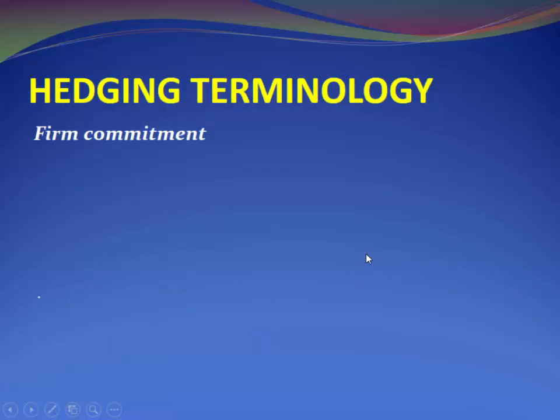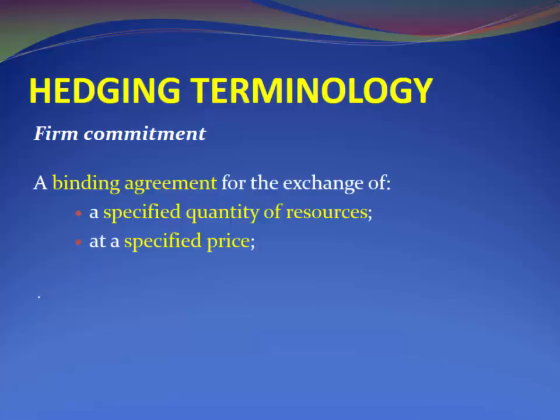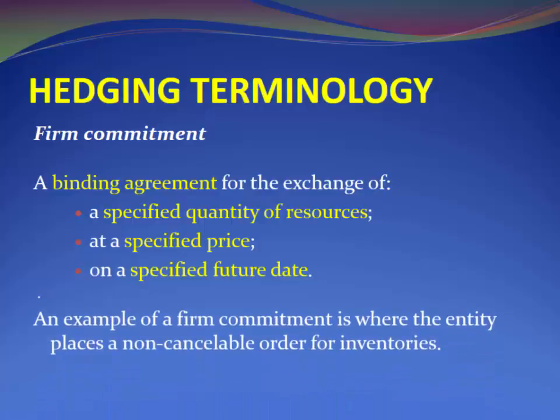What is a firm commitment? It is a binding agreement for the exchange of a specific quantity of resources at a specified price on a specified future date. An example of a firm commitment is where the entity places a non-cancelable order for inventories.